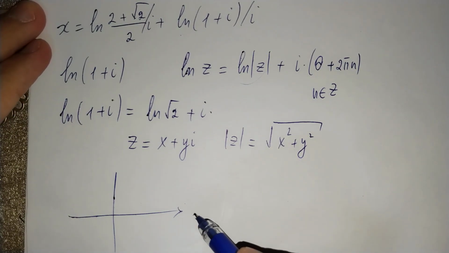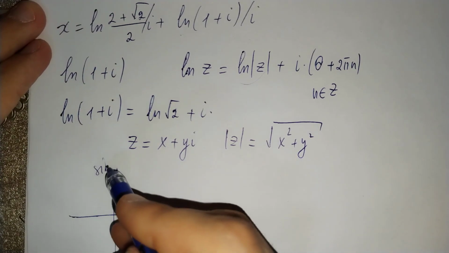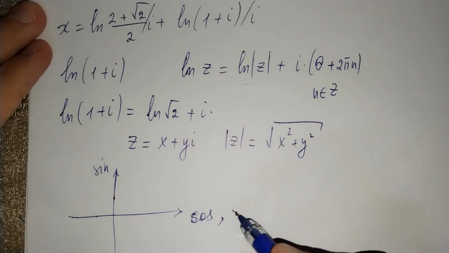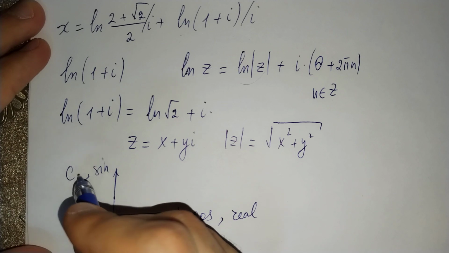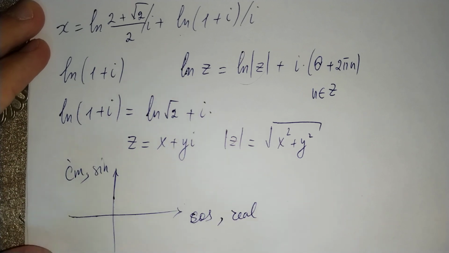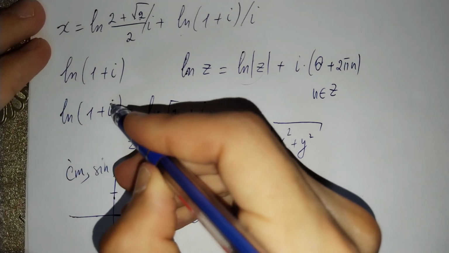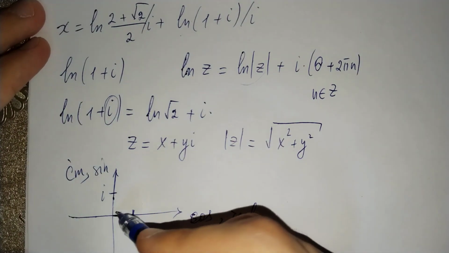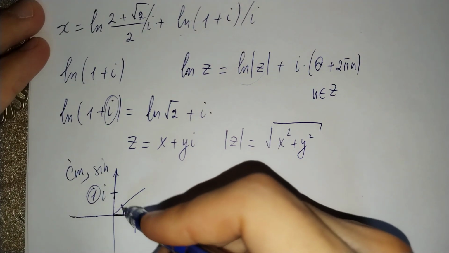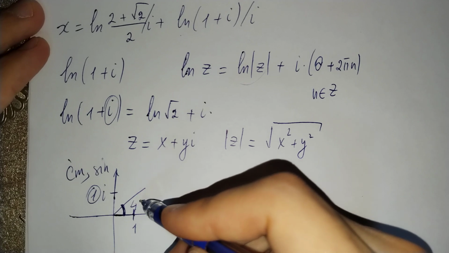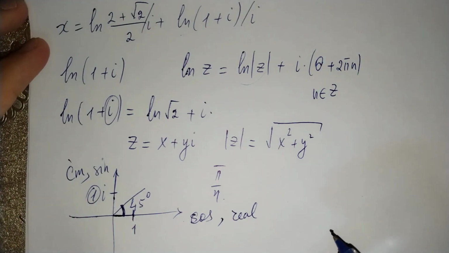This is the cosine axis and this is the sine axis, or this is the real numbers and this is the imaginary numbers. 1 and i. This angle is 45 degrees, which is pi over 4.